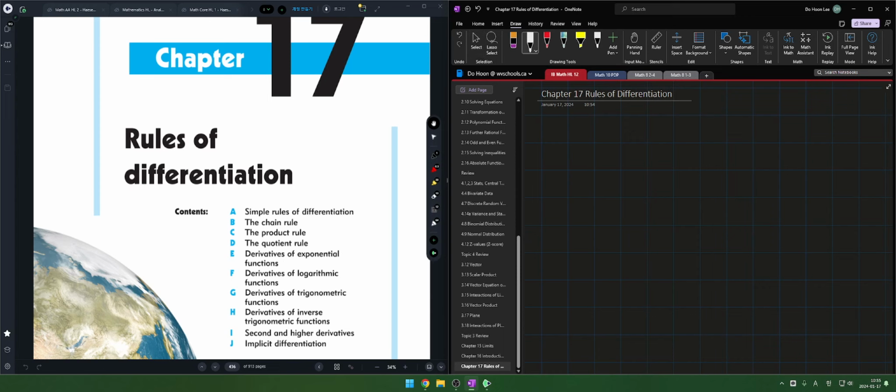In one word, this chapter is just about skills or tools of how to find the derivative. Practice pronouncing that. Derivative.